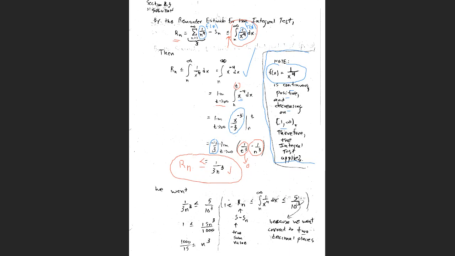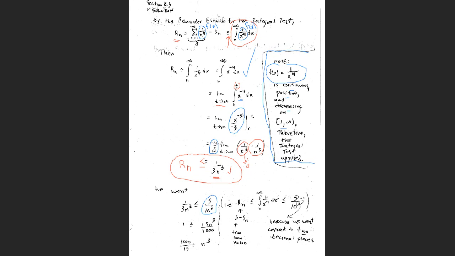Now we want our estimate to be correct to 2 decimal places. That means we have to set our bound here, the 1 over 3n cubed, to be less than or equal to 5 over 10 cubed. If we were to ask why 5 over 10 cubed, it has to do with ensuring that your estimate is correct to 2 decimal places.